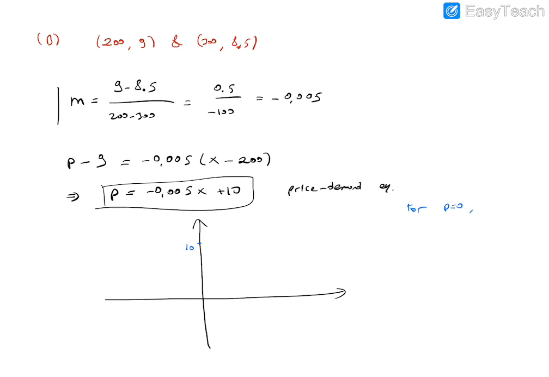X is 10 over 0.005, which is 2000. Okay, so our graph is like this one, 2000. Generally demand cannot be 0, so we don't show this part.